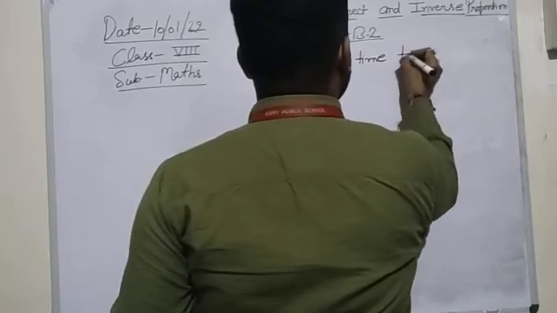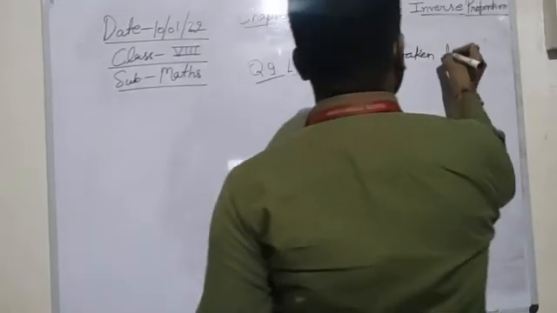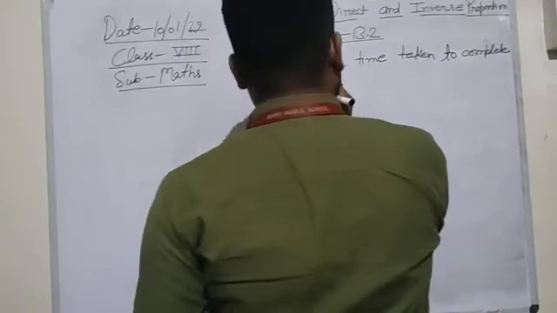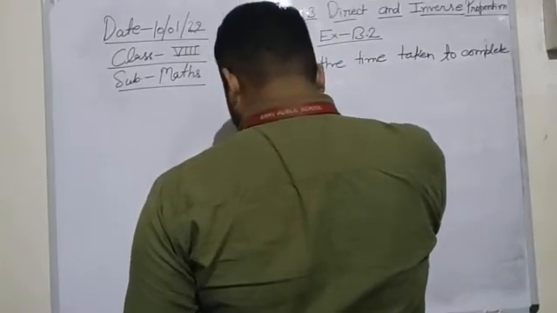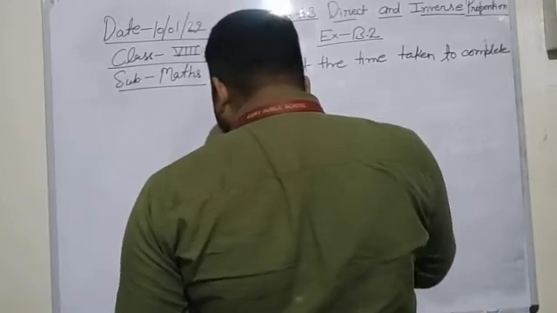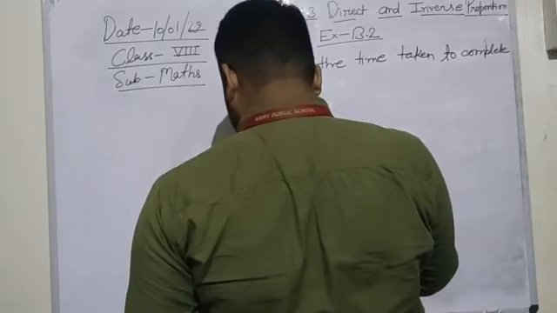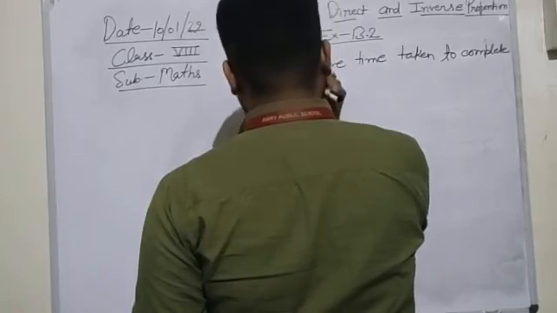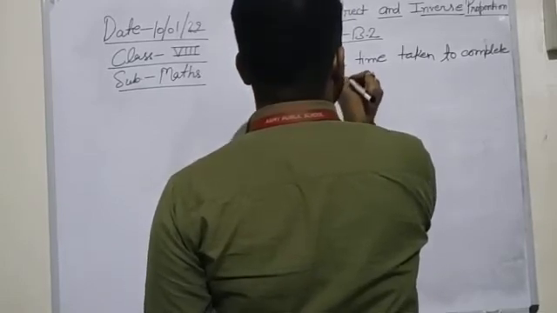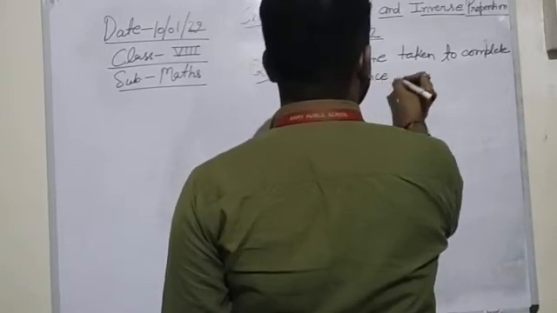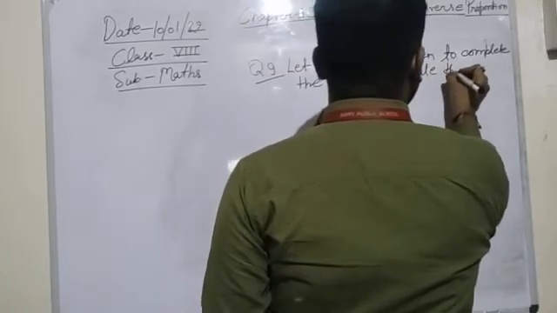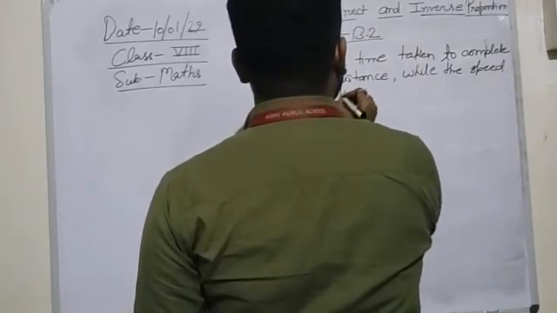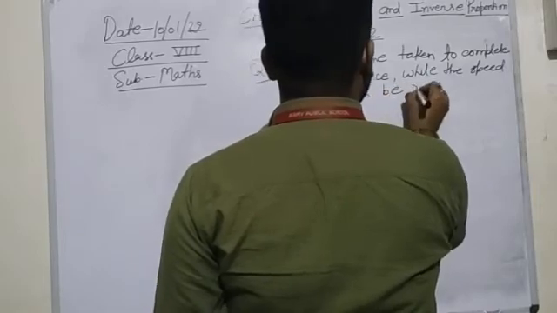Let the time taken to complete the distance while the speed is 80 km per hour be x.